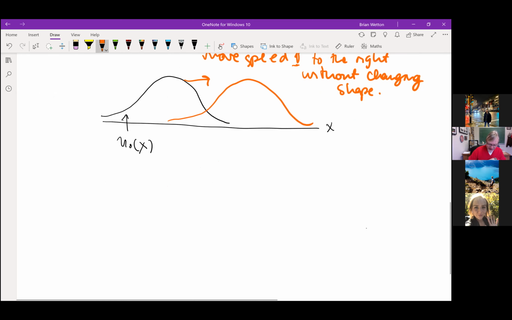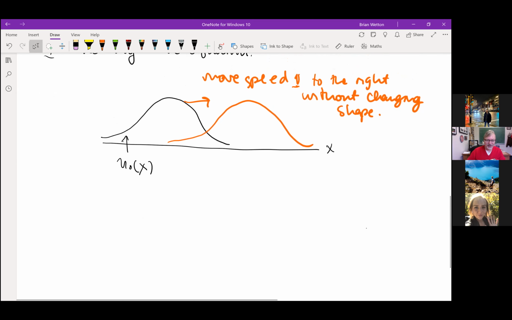So with that in mind, I can actually write down the form of the solution I want to come out. If that was the initial condition, then I want the solution at later time to be the translation to the right at speed 1 of that profile. So there you go, I've written down the solution.